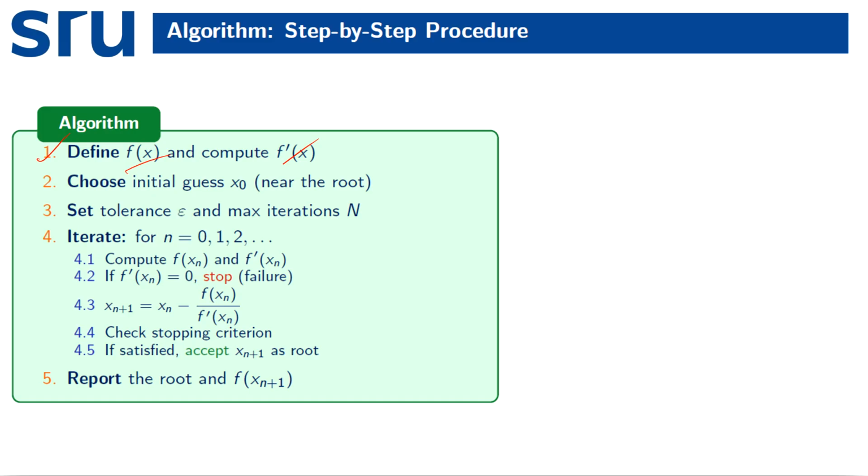Then step 2 is choosing an initial guess, say x naught. Now this step is very crucial actually. Your guess should be close to the actual root, and that is reasonable and logical because a good initial guess leads to faster convergence, and a poor guess may lead to wrong results or failure even.